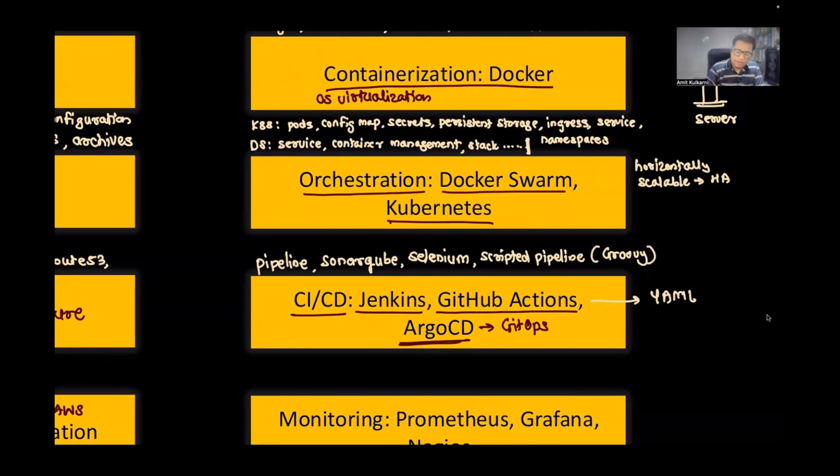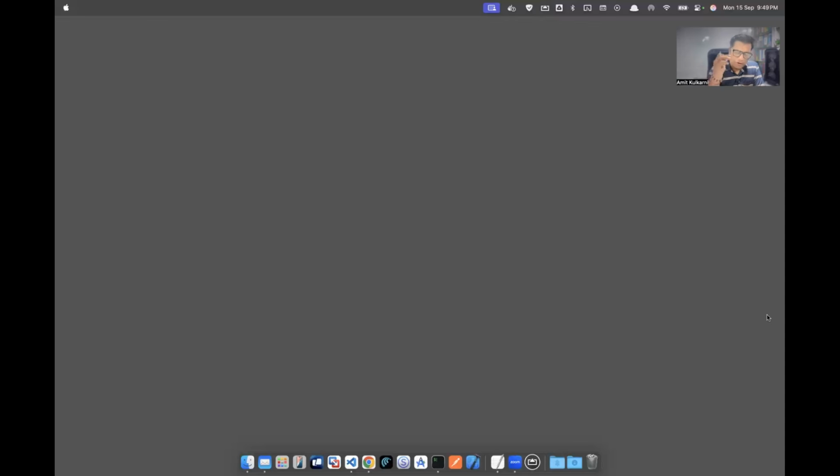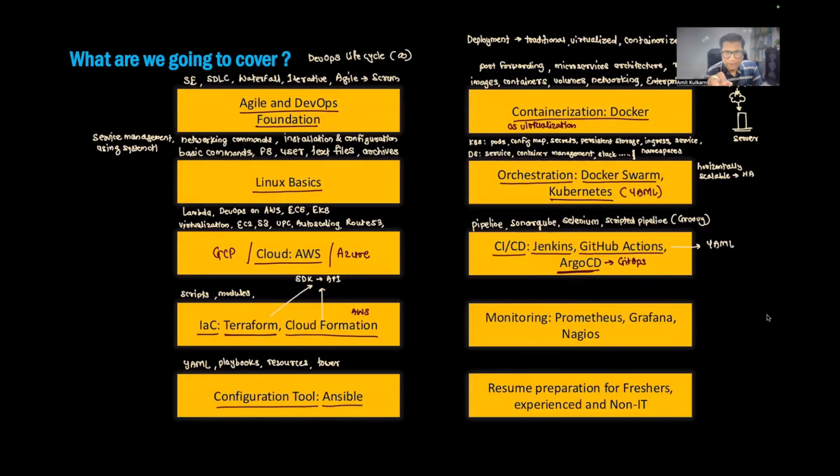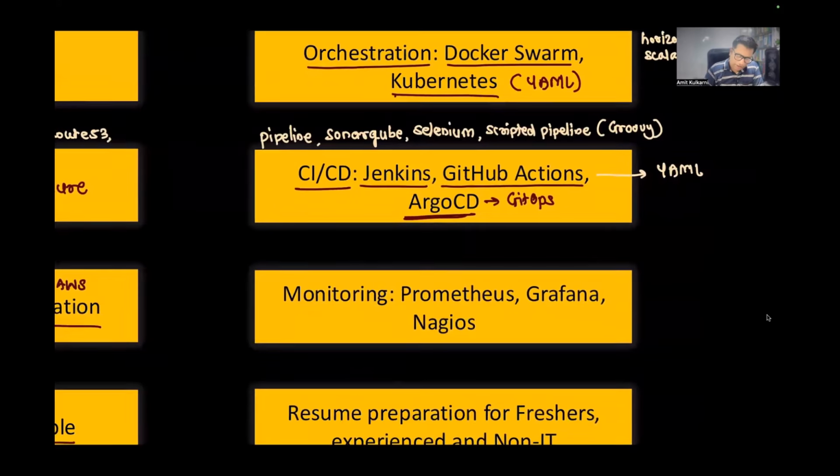So YAML is used at multiple places. You'll be using YAML for Ansible, for Kubernetes, and for GitHub Actions as well. So again, GitHub Actions is YAML, Kubernetes also is YAML, and Ansible is also using YAML.